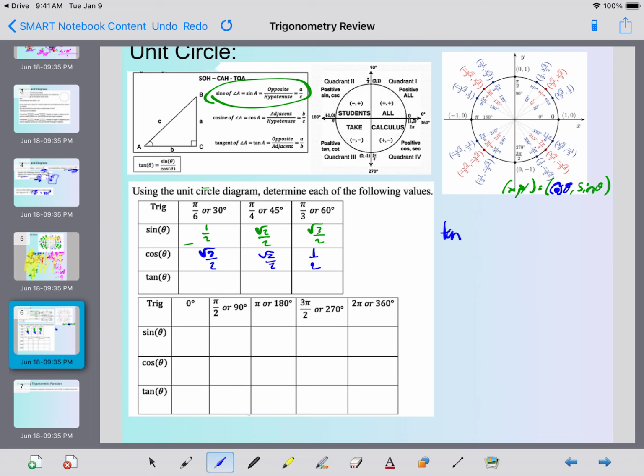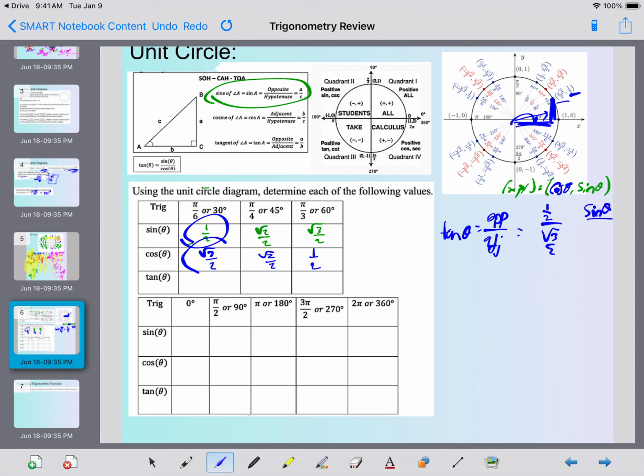Tangent in SOHCAHTOA is opposite over adjacent. So for 30 degrees, the opposite side is your height, which is 1/2. And your adjacent side is the length, which is x, radical 3 over 2. But didn't we say that sine of 30 was 1/2?